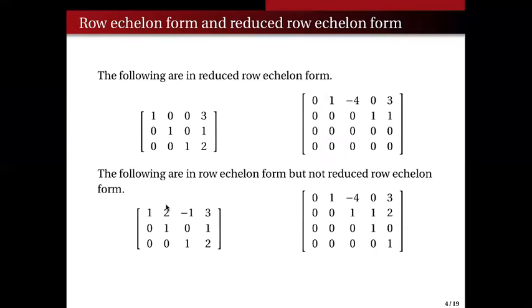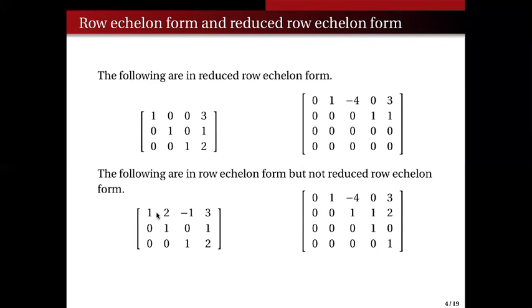Now, these are examples where the matrices are in row echelon form, but not in reduced row echelon form. They are row echelon form, meaning the first three conditions are satisfied, but the fourth condition is not satisfied.